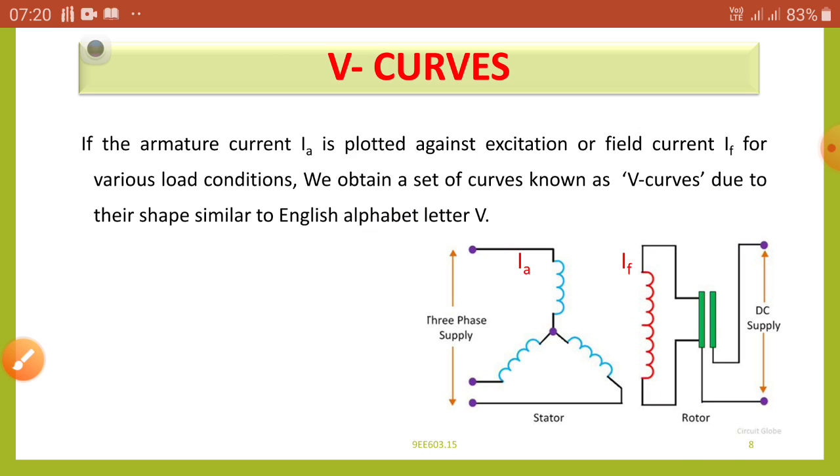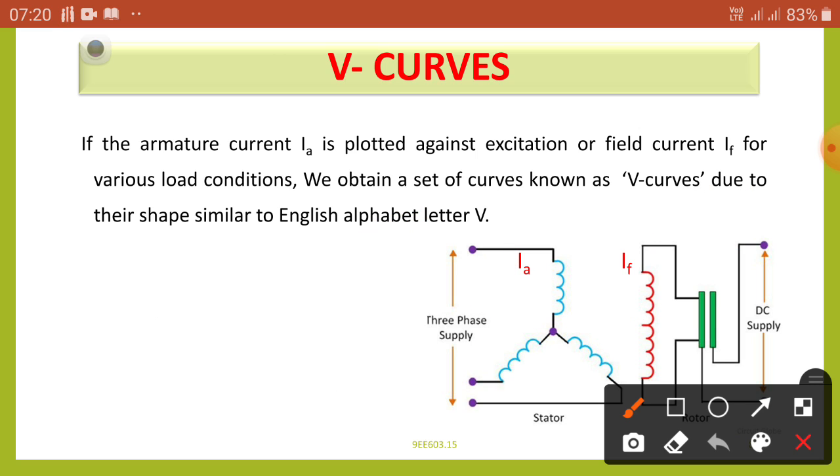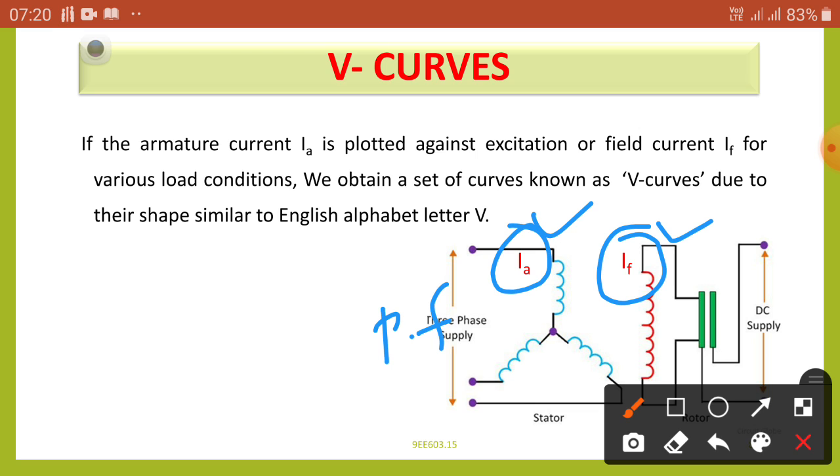So simply assume that the armature current and PF change corresponding to IF. If we plot IF versus armature current, we get V curves.